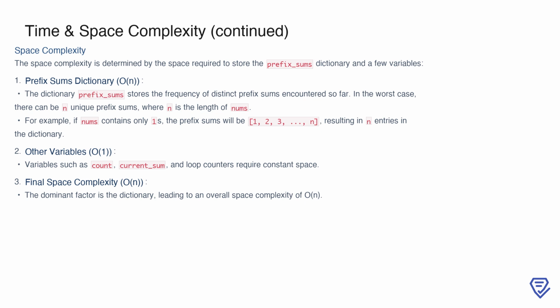This means the space required for the dictionary scales linearly with the size of the input, O(n). Apart from the dictionary, the algorithm uses a few additional variables such as count, current_sum, and loop counters, all of which require constant space, or O(1). Therefore, the overall space complexity is dominated by the dictionary, giving us O(n) space usage in the worst case.